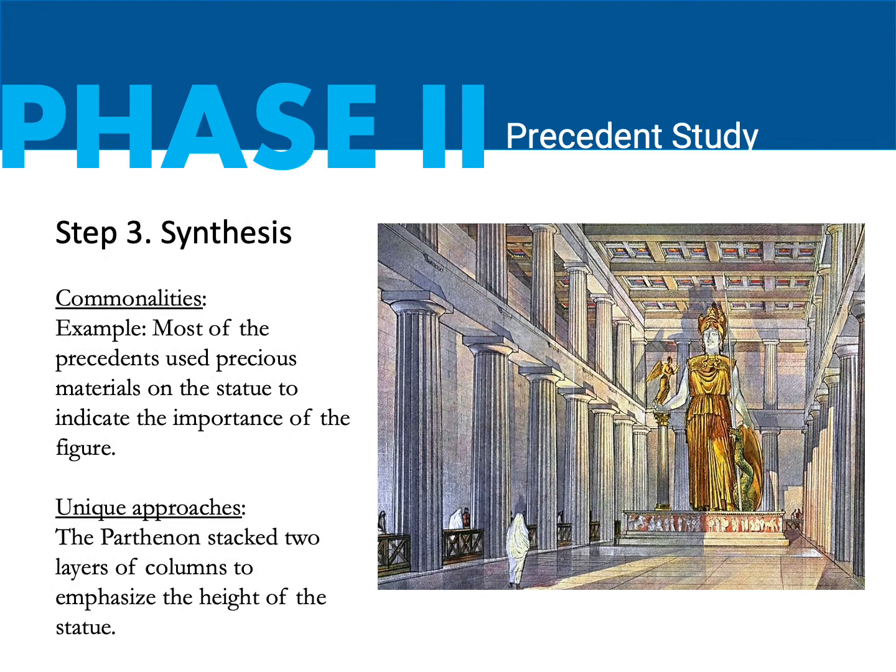Now, at some point, you will complete 5 precedent studies. After you complete all 5, you will do this final step, which is the synthesis of the information that you've been analyzing. So this will only happen after you finish the 5th precedent.